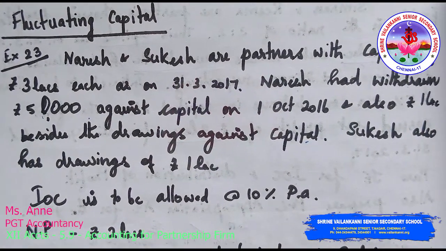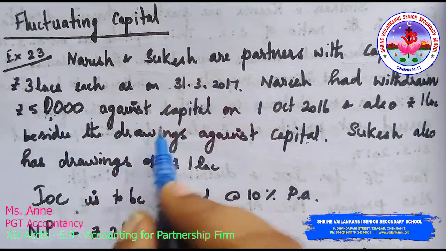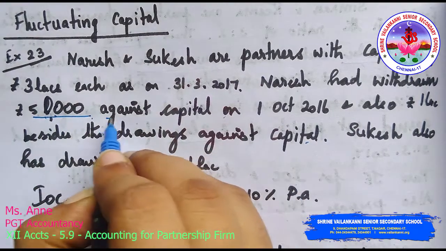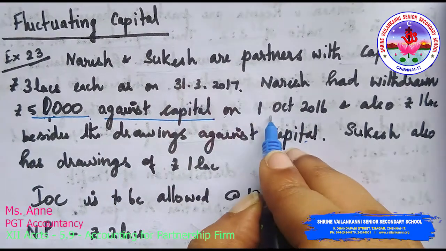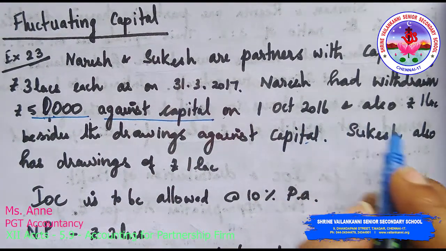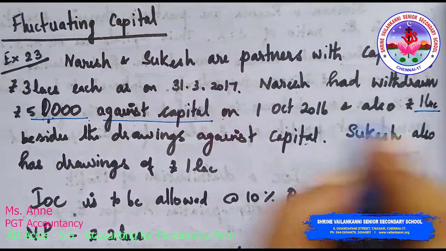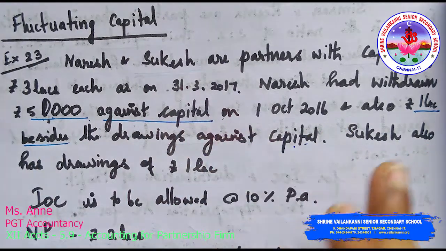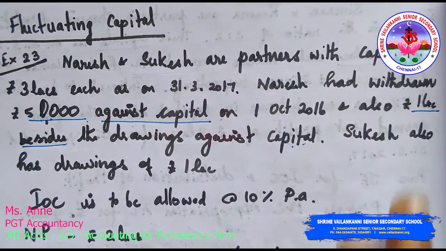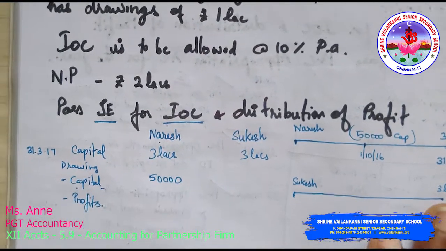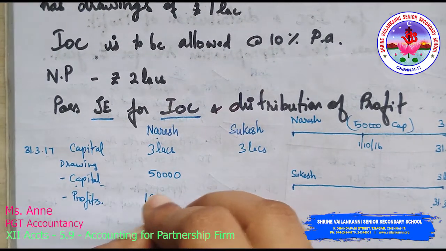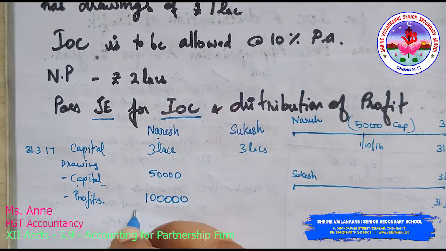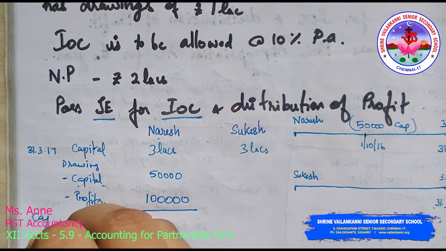Naresh has withdrawn rupees 50,000 against capital on 1st October 2016, and also rupees 1 lakh besides the drawings against capital. So it is not drawings against capital, it is drawings against profit. So drawings against profit is how much? 1 lakh.